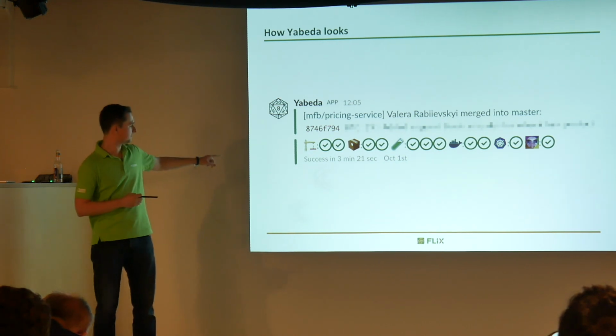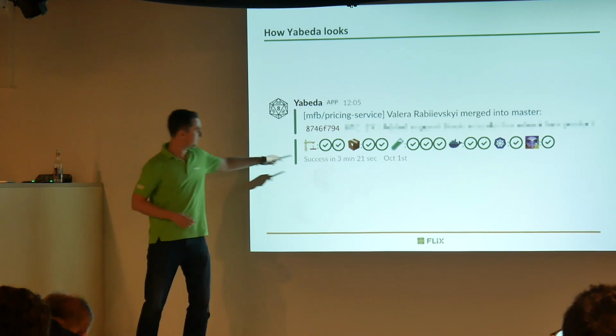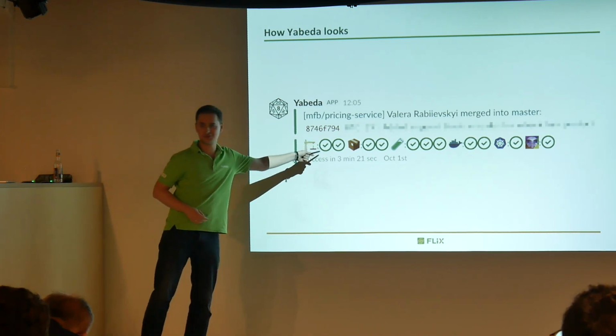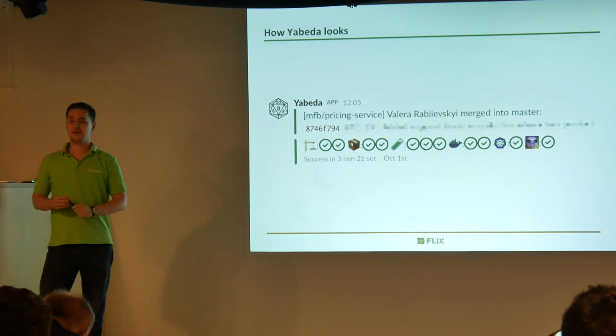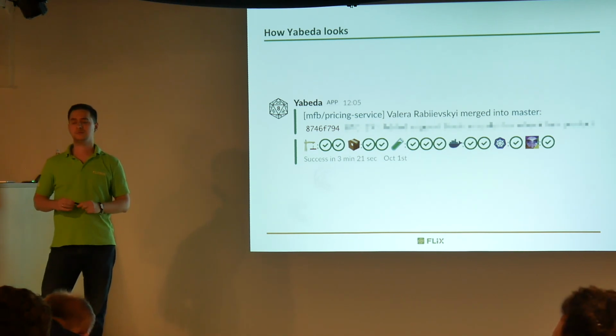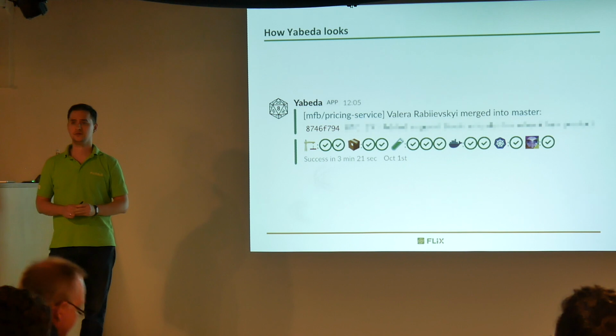This job just calls Yabida, and that's it. Well, it could be the last job, but it's not so useful. Yabida has one HTTP endpoint. You just post it there, and that's it.